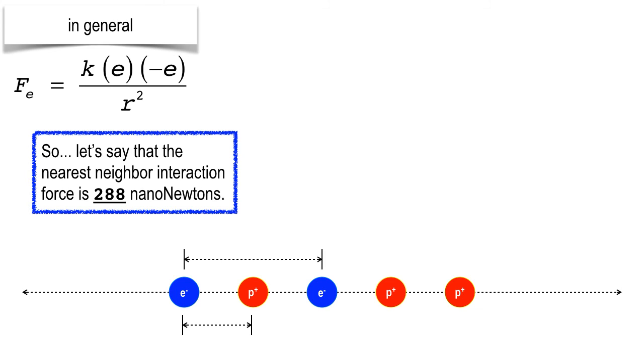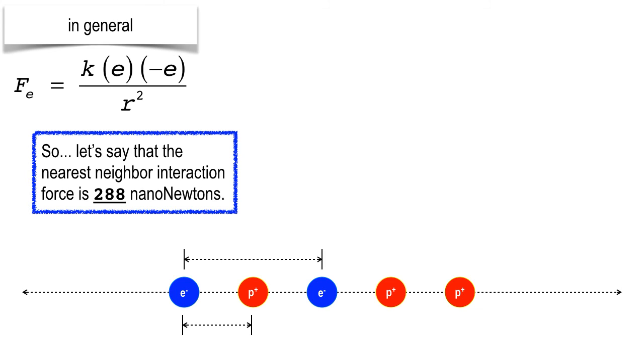So the electron's getting a rightward 288 nanonewtons, and the proton is getting leftward 288 nanonewtons. Because of Newton's third law, equal interactions.